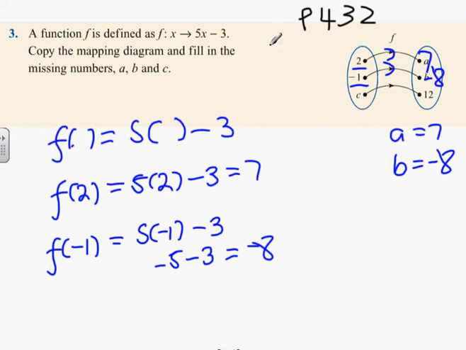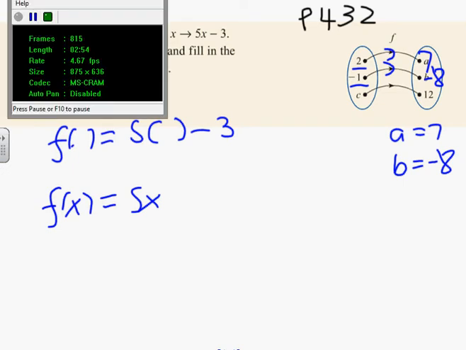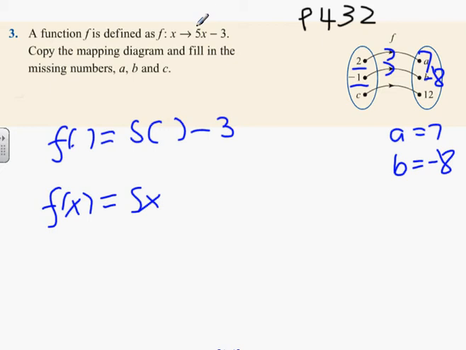Now the next one's an odd one, okay? The next one says that the input turns into an output of 12. So what this means is that whatever your input is, we have a rule: 5 times the number minus 3 equals 12.